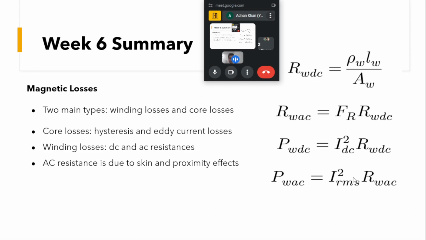For the DC loss, the losses due to the DC current will be equal to the DC current squared into the DC resistance of the winding.